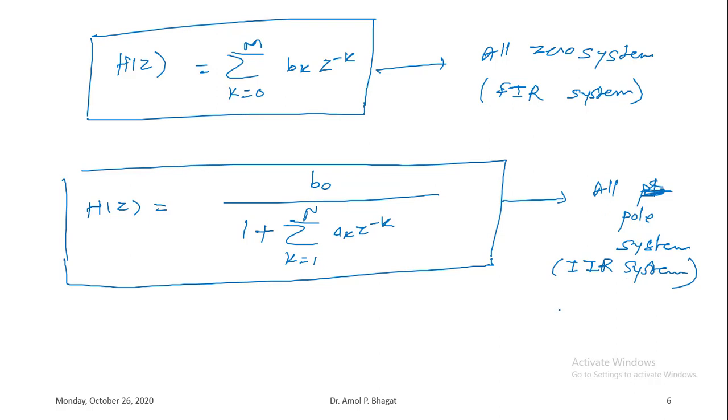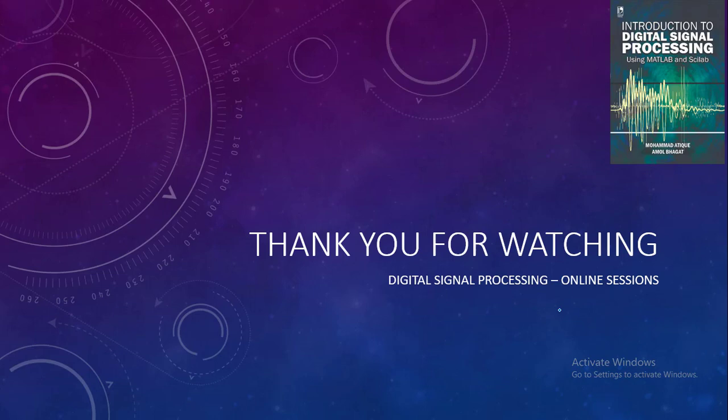Okay, so in the next session we'll try to determine the system function and unit sample response from the given input output equation, or the difference equation. We'll be provided with one difference equation, and we'll take the z transform of the difference equation.